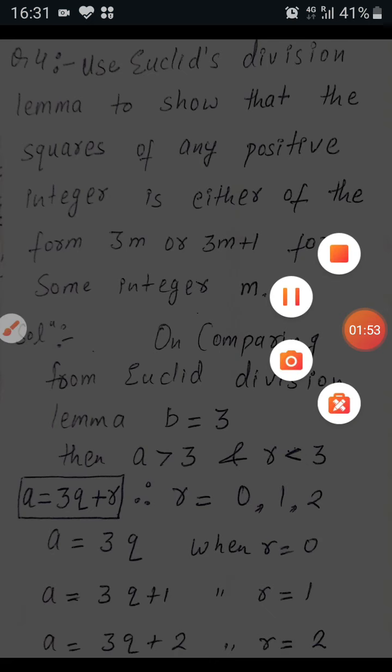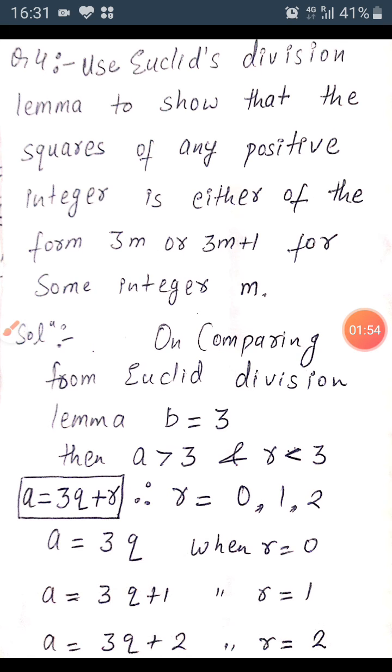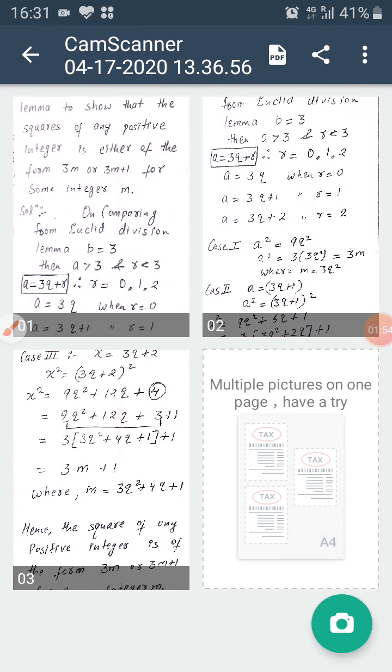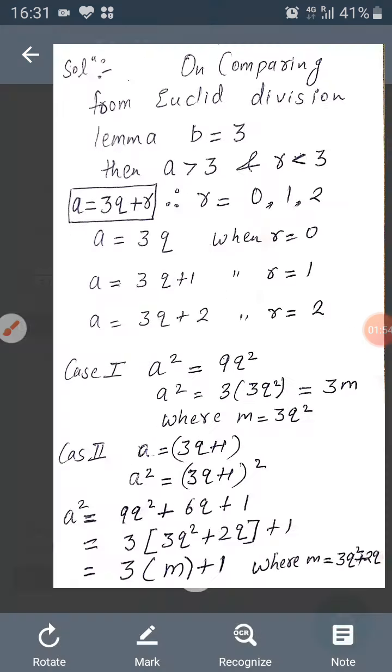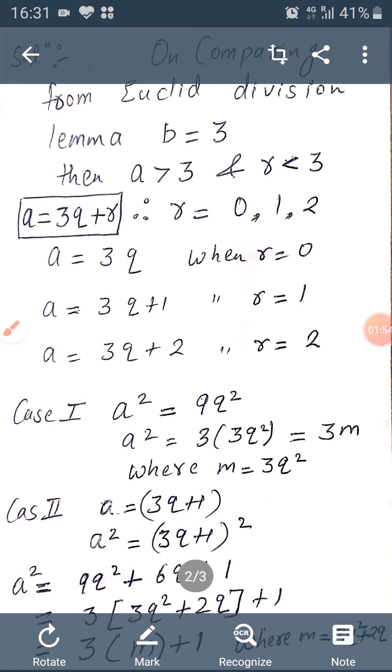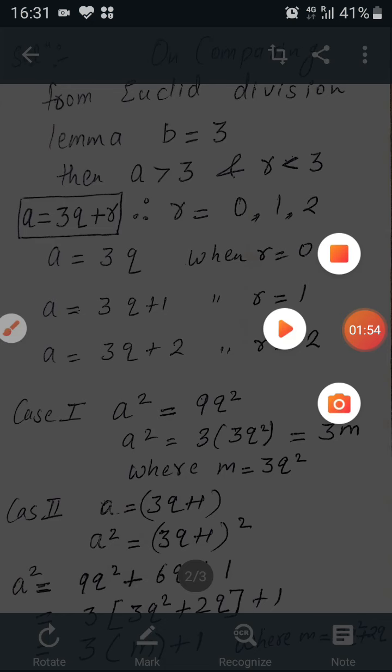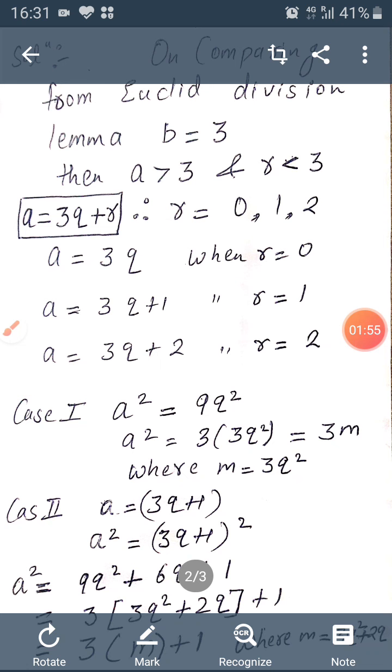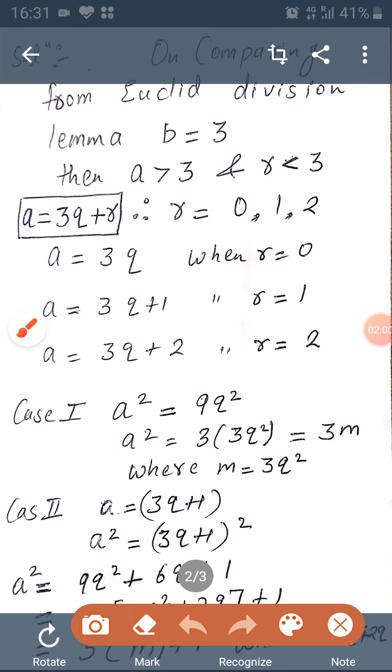So these are the three cases. Now we will take these cases one by one.